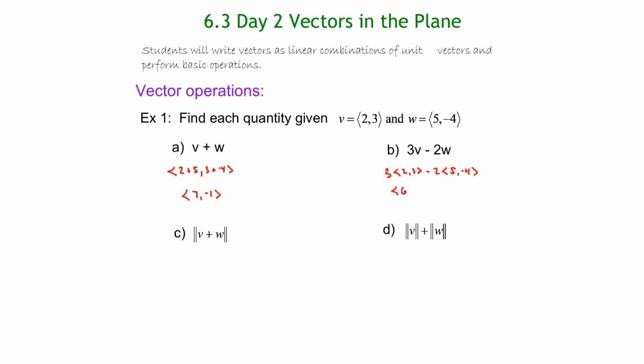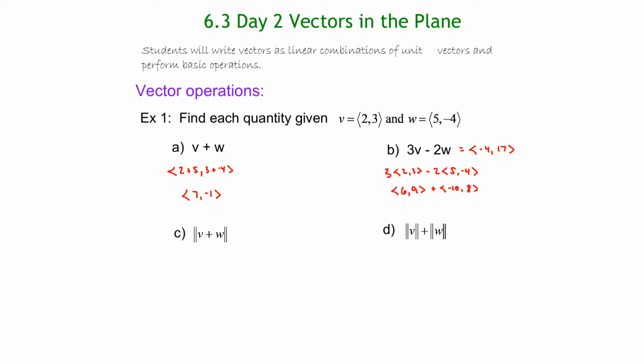So 3 and 2 gives you 6, 3 and 3 is 9, plus negative 2 and 5 is negative 10, and negative 2 and negative 4 is 8. Then we add those up: 6 plus negative 10 is negative 4, and 9 and 8 is 17. So 3v minus 2w is (-4, 17).